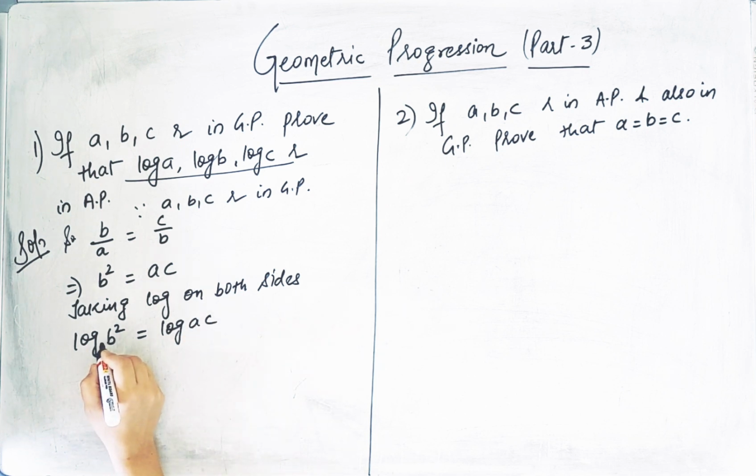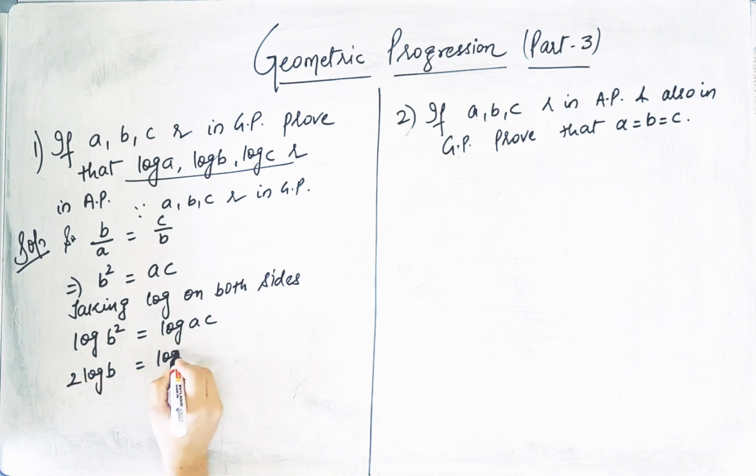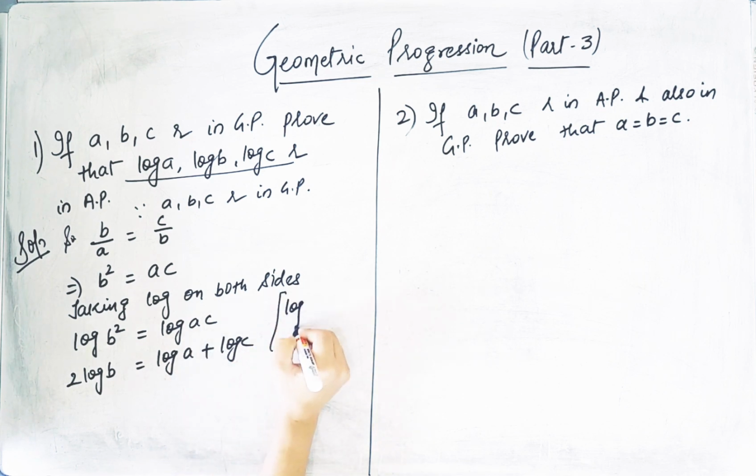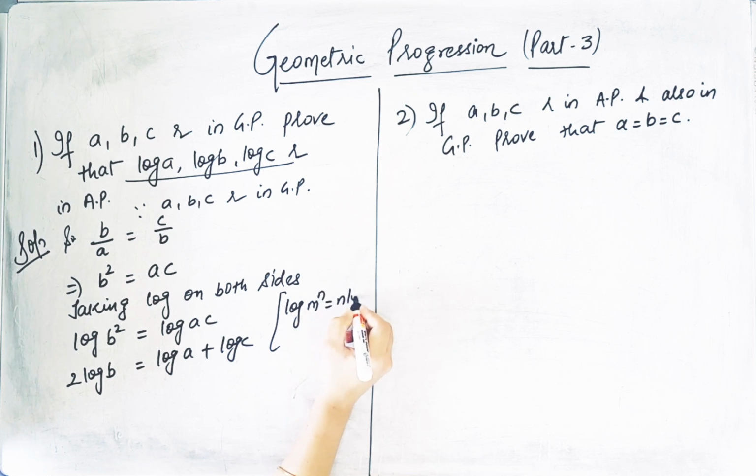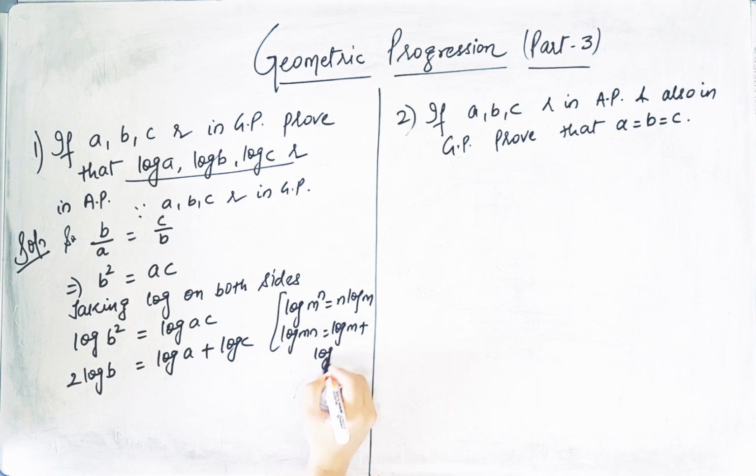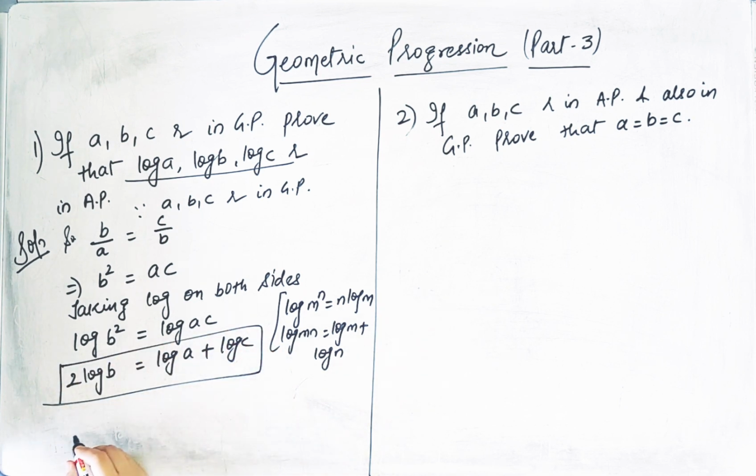Now we can write log B square, that is log B to the power 2, as 2 log B. This is the formula which we use in logs, and log AC we can write as log A plus log C, because we know log m to the power n is n log m, and log mn, if it is a product, becomes addition, and if it is a division, then we subtract. Since we have got 2 log B equals log A plus log C, this is the condition of AP.